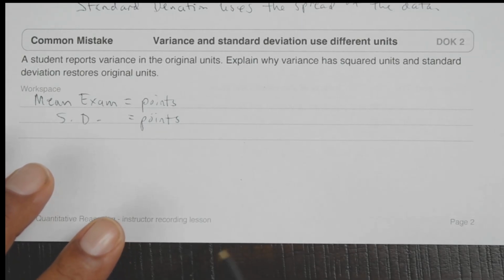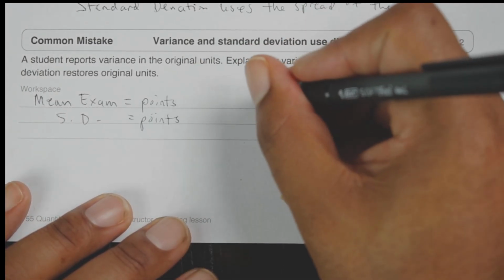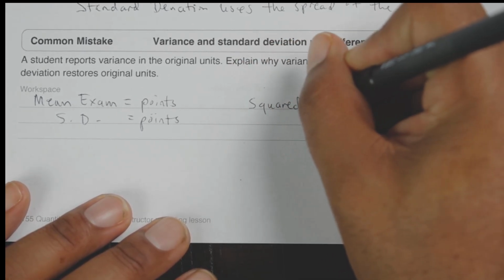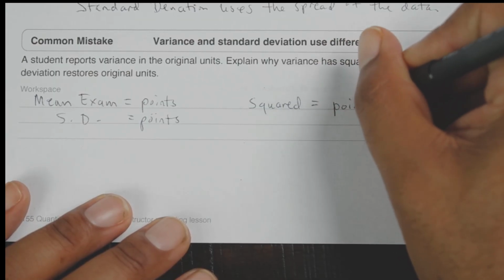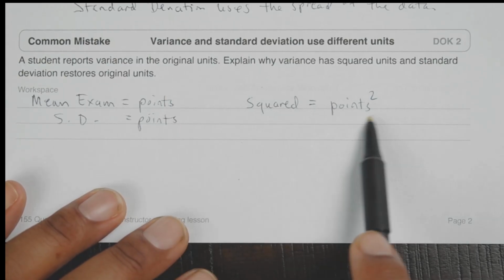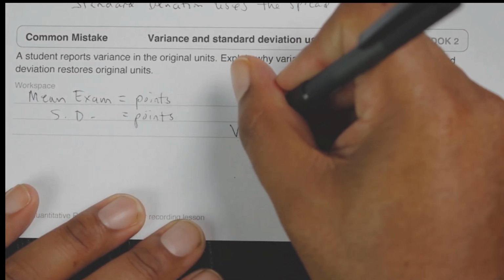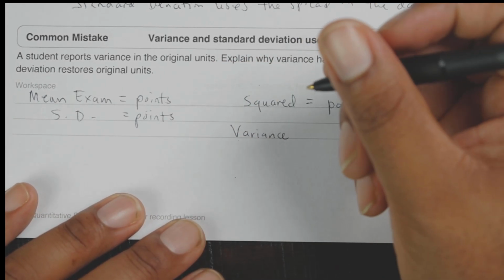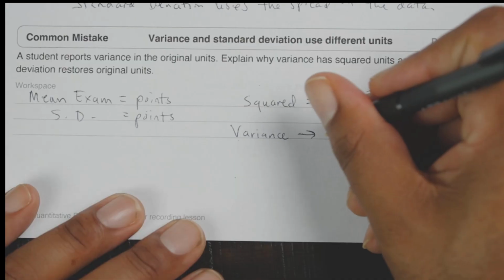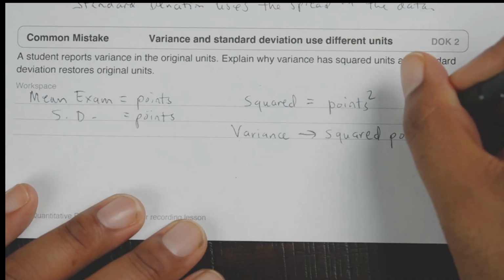And so when we square them, essentially what happens is we would get points squared, right? Because points times points is just points squared. So variance is logically equivalent to squared points.